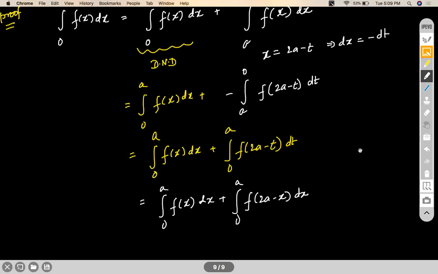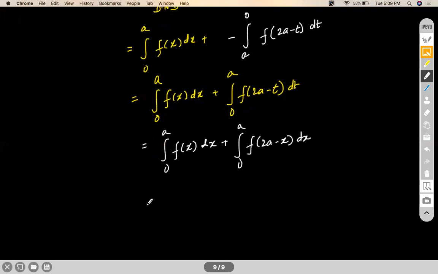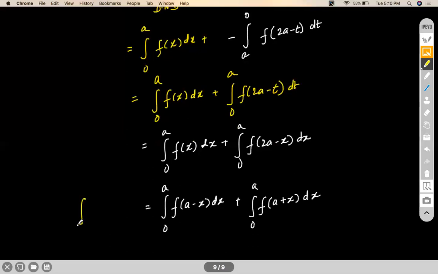Now, many a times you'll see some books write it like this: 0 to a f of a minus x dx and 0 to a f of a plus x dx. Please note, this is another formula for the integral from 0 to 2a f of x dx.